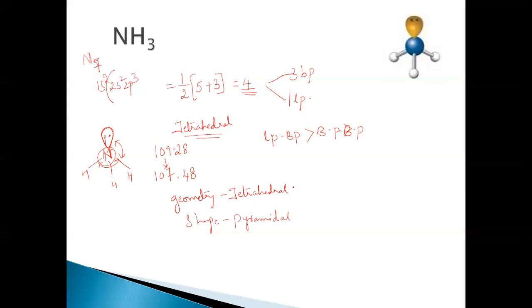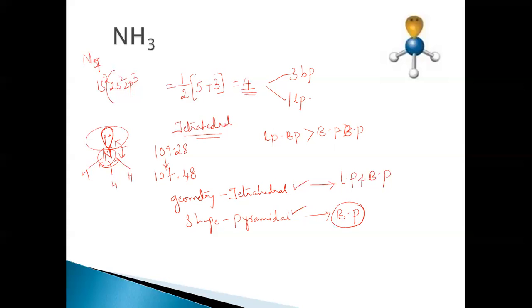So this is the difference between the geometry and the shape of molecules. Whenever we take the geometry of the molecule, both lone pairs and bond pairs are considered. But when we take the shape of the molecule, only the bond pairs, that means only the atoms surrounding the central atom, are taken into account and not the lone pairs. So ignore the lone pairs while taking the shape.